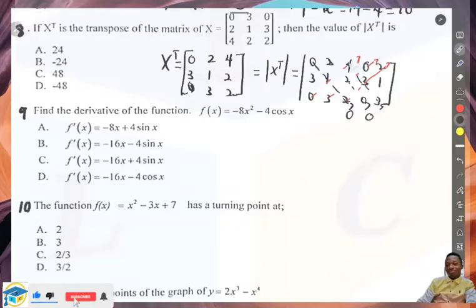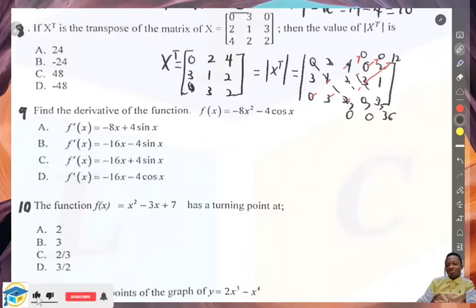Then here 4 multiplying 3 multiplying 3 should fetch us 36. 3 by 3 is 9, by 4, 36. Now here should be 0. 0 multiplying 1 multiplying 4 should be 0. Then 0 multiplying 2 multiplying 3 also should be 0. And then 2 multiplying 3 should be 6, multiplying 2 should be 12.